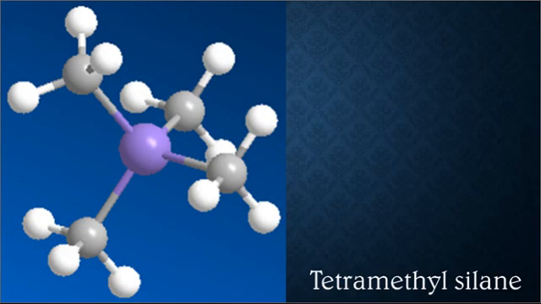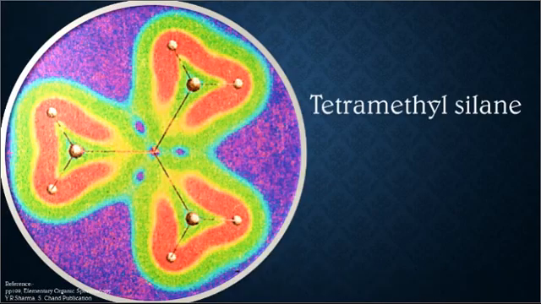This is the 3D structure of tetramethylsilane. This is the silicon, Si, and these are the four CH3 groups, which are arranged at tetrahedral positions. This is the view of the electron density, or we can say the shielding effect.